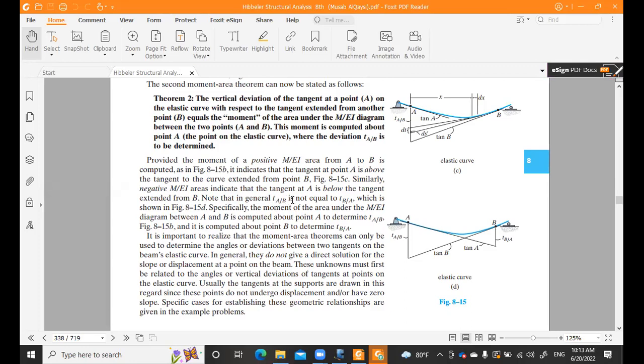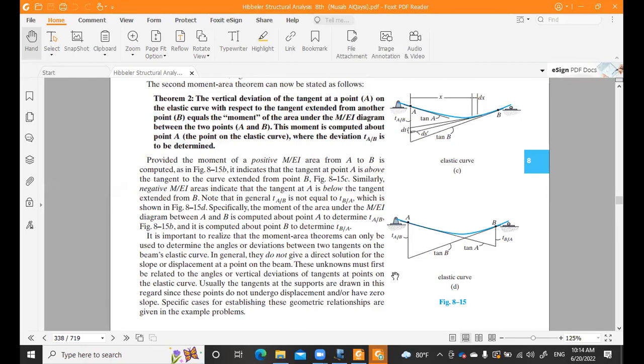Note that in general, TAB is not equal to TBA. The reverse is not equal. So that is all we can learn from this calculation.